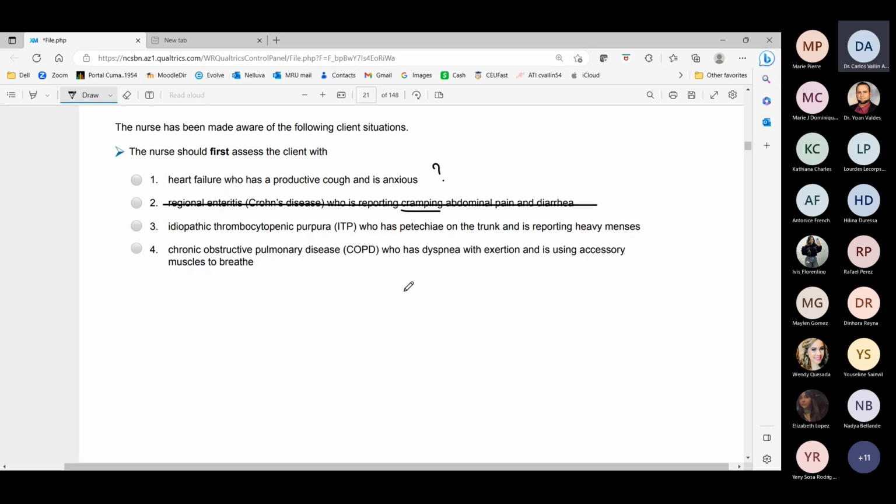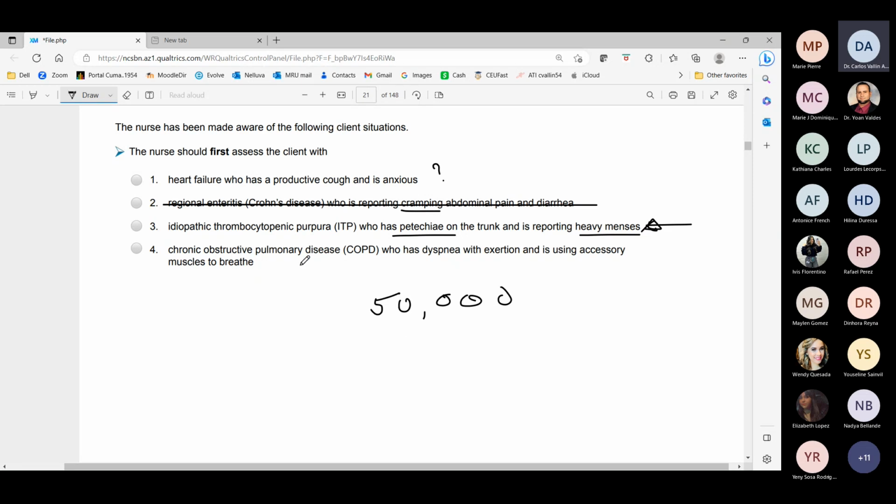This client could perfectly well have 50,000 platelets or even less in the blood. This client has petechiae on the trunk and heavy menses. But this is expected. If you have low platelets, it is expected.